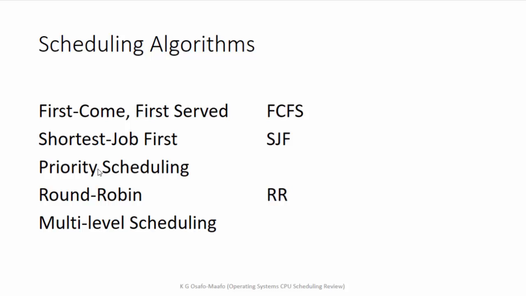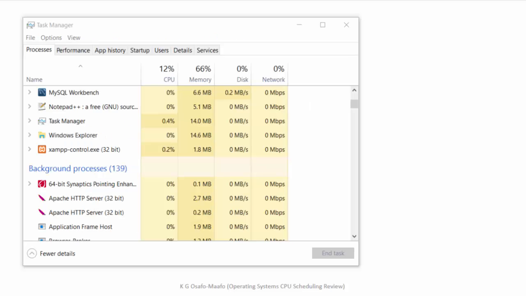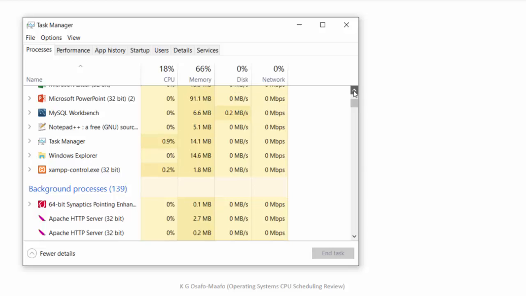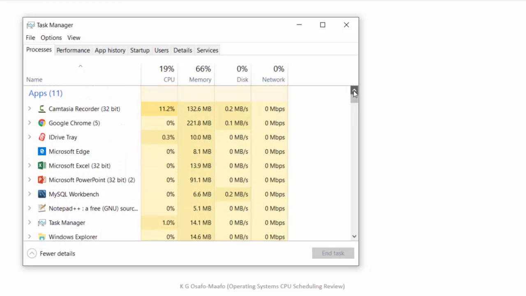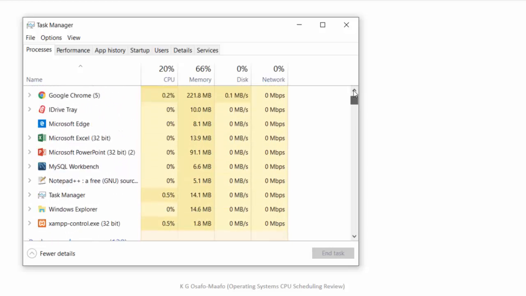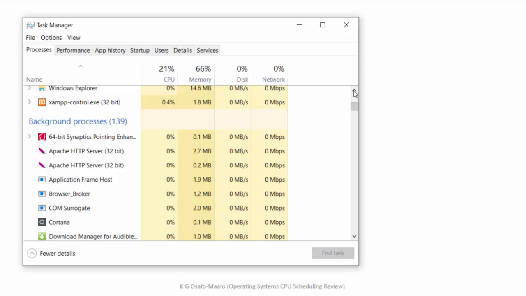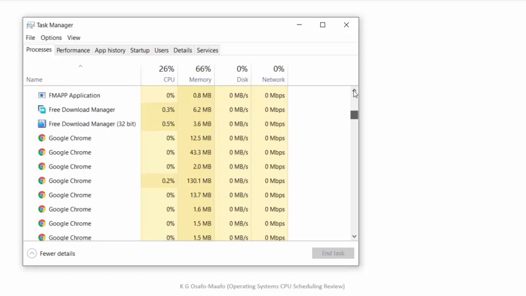For computers, keep in mind that, for example, if you have a task manager, there will be many things running in the task manager. And what you'd see, for example, is there are, at least Windows does this currently, these things called the applications, and Windows also has the background processes.